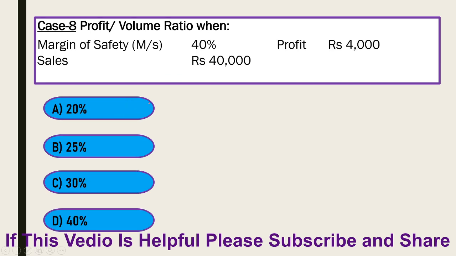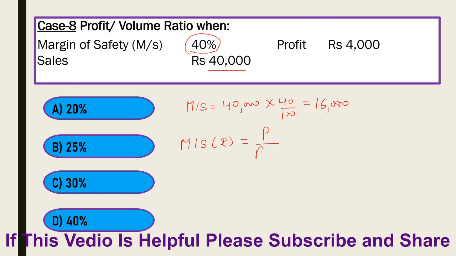Now in the next situation, margin of safety is 40%, and margin of safety is that level of sales where the company is earning only profit. So here the sales is 40,000, and when we calculate margin of safety in rupees, our sales is 40,000 and 40% of sales is margin of safety. So our margin of safety in rupees is 16,000 rupees. When we put the formula to calculate margin of safety in rupees, our formula is profit divided by PV ratio.